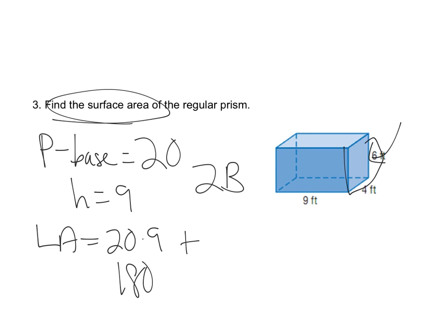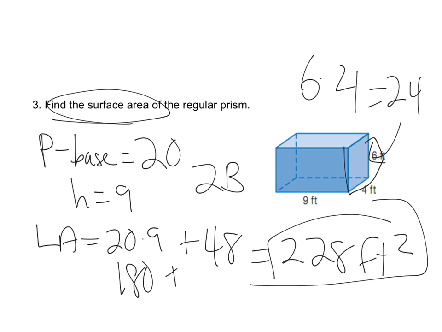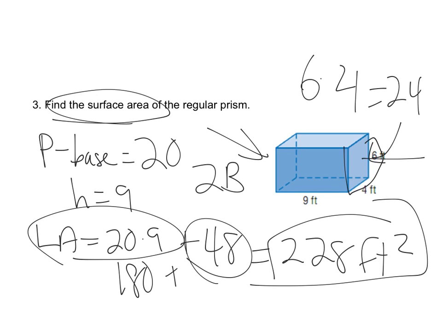Now the area of the base is easy here. It's 6 times 4, so that's going to be 24. So two bases is going to be 48. So I'm going to add those two, and I'm basically going to get 228 feet squared. There's my answer. I figured out the lateral area, added the two bases, because there's this side and this side, and put those together.